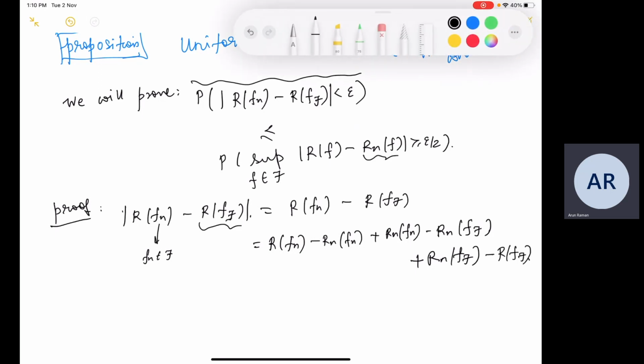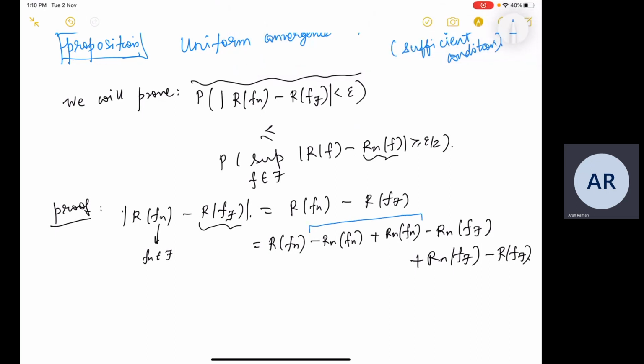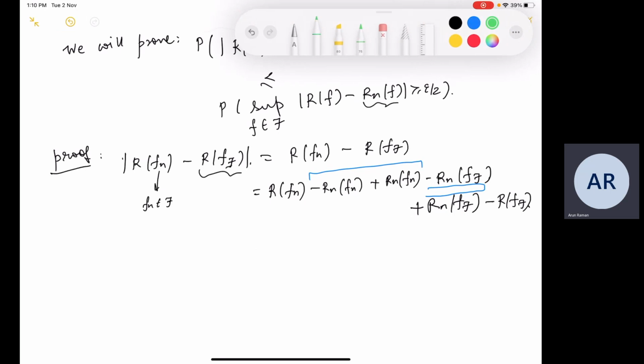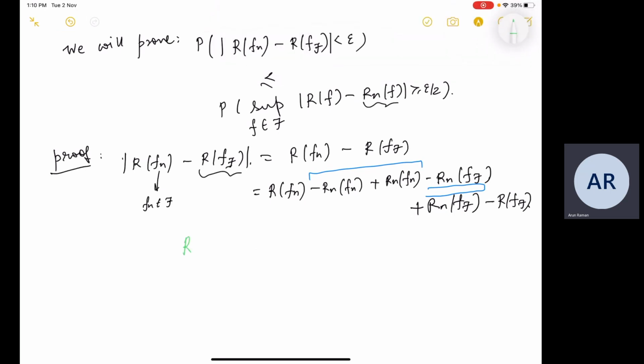Here what we have done is added and subtracted the empirical errors of fn, and added and subtracted the empirical errors for f subscript script F. For that we then consider the behavior of this term.